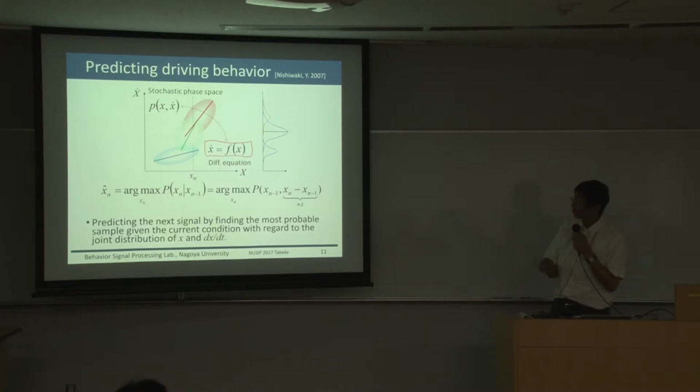And by giving this kind of equation, you can generate arbitrary behavior of the dynamic system. So a differential equation is quite useful for analyzing dynamic phenomena. But the F here is not easy to find, not easy to model.